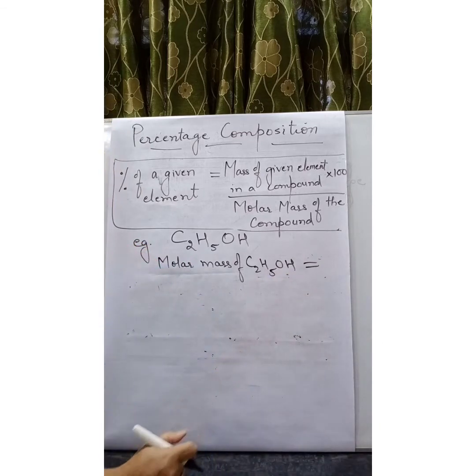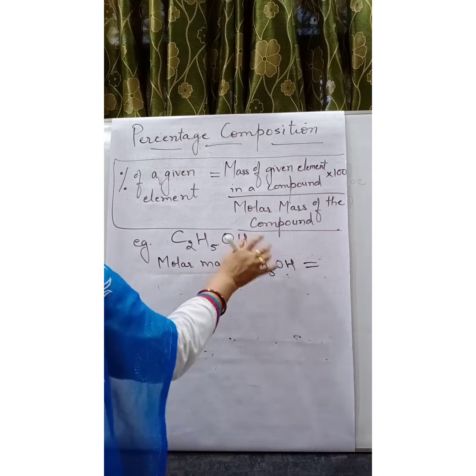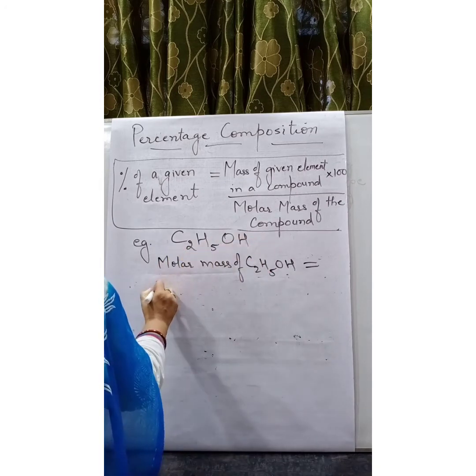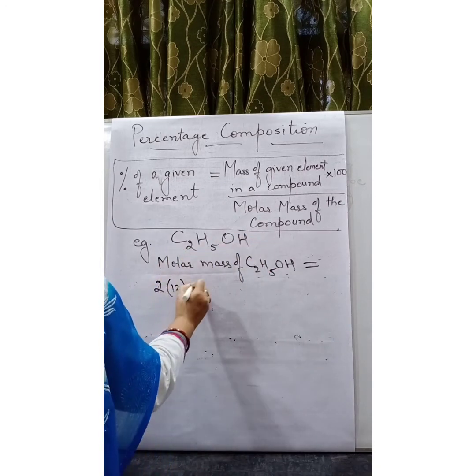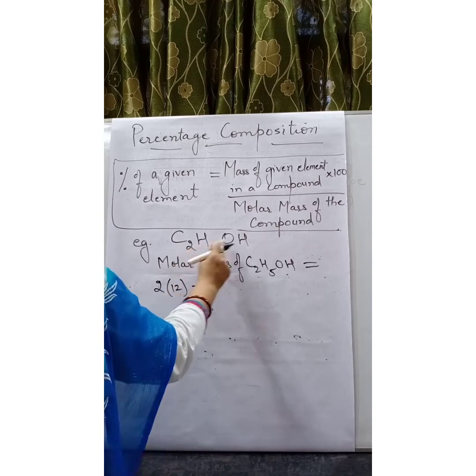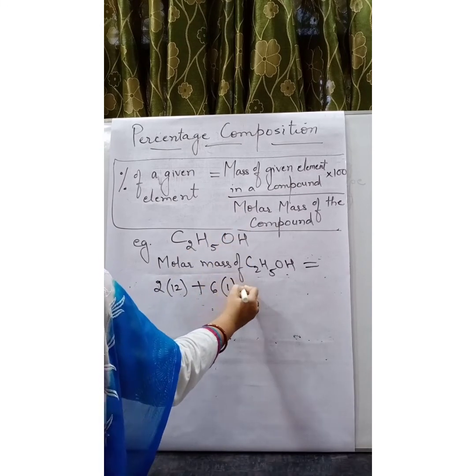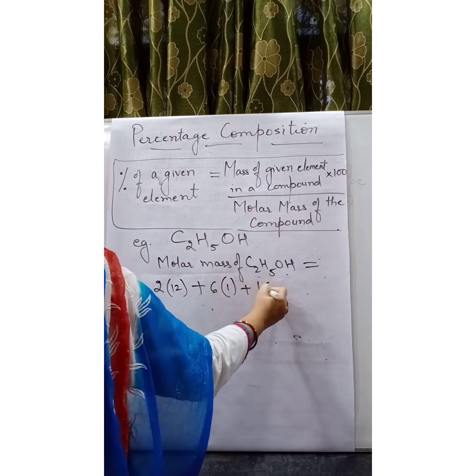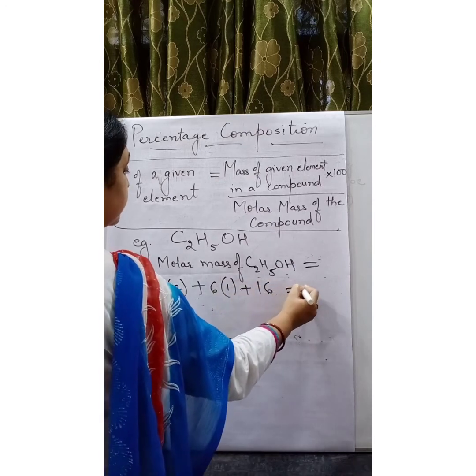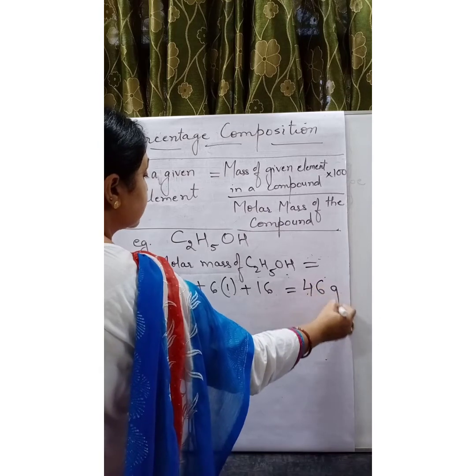The sum of atomic masses of the various elements present in the given compound. So 2 carbon, so 2 into 12, plus 5 and 1, 6 total hydrogens, so 6 into 1, plus 16. It comes to 46 grams.